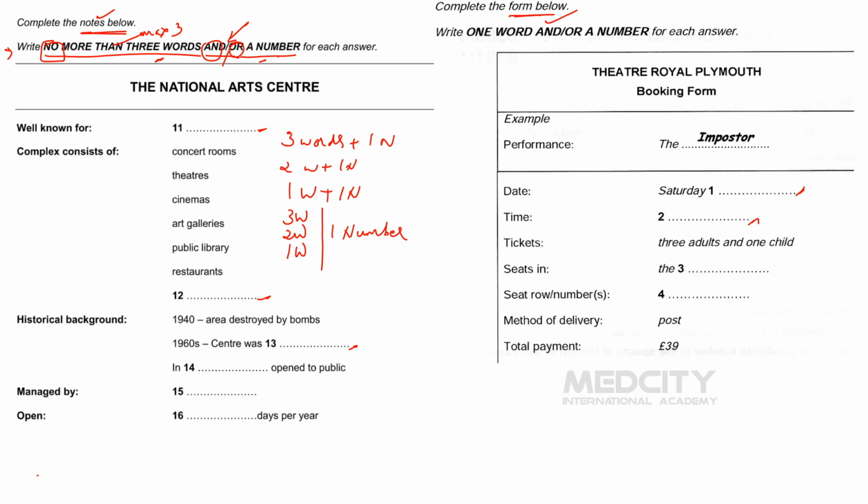Now, for instance, you hear something for the first question, "well known for." Suppose you have heard something of that sort in the audio, like "scientific advancements and improved technology," well known for scientific advancements and improved technology.